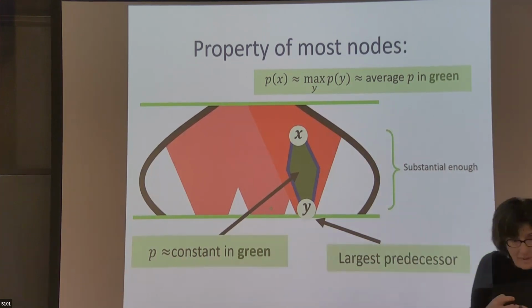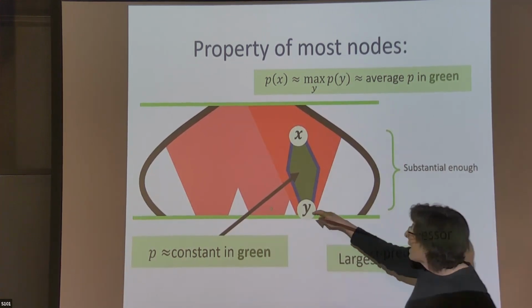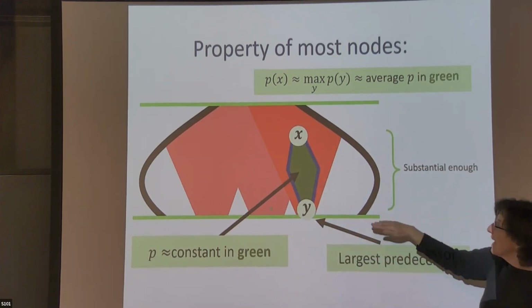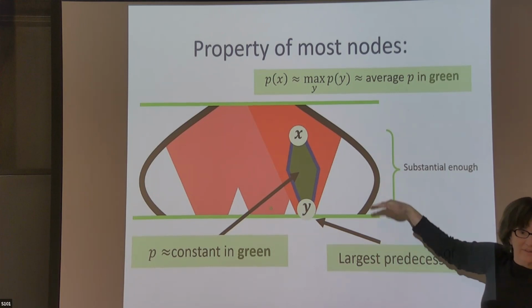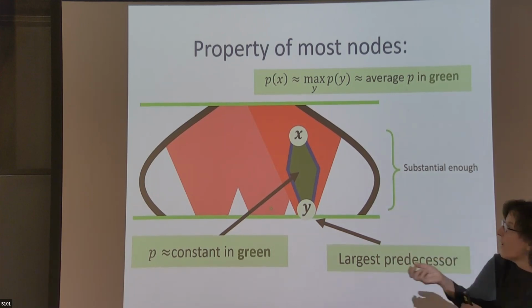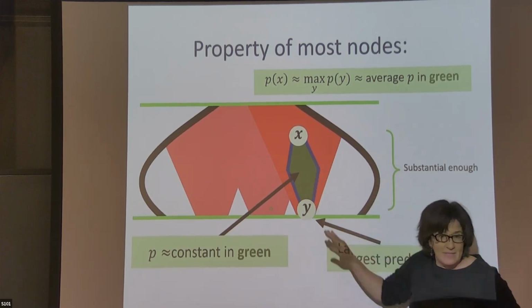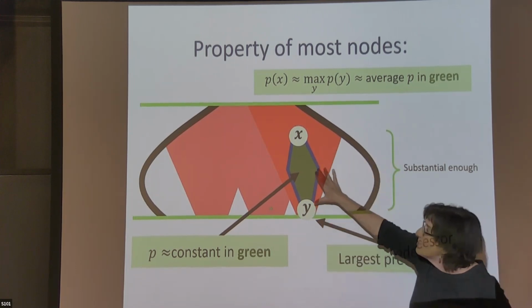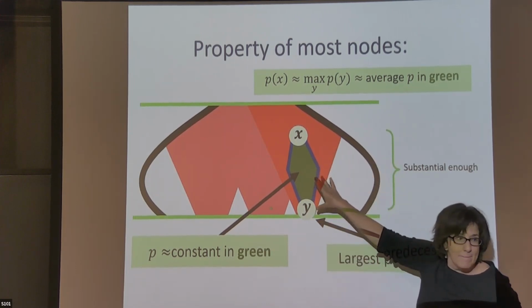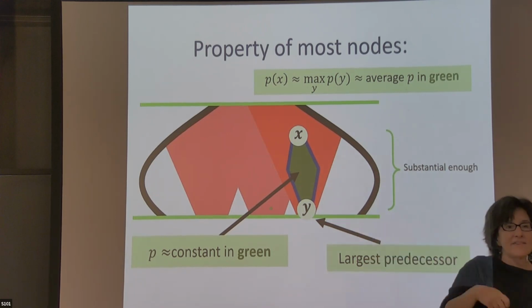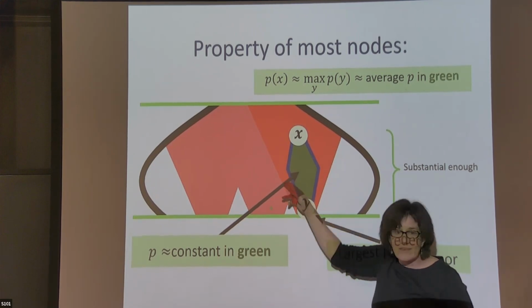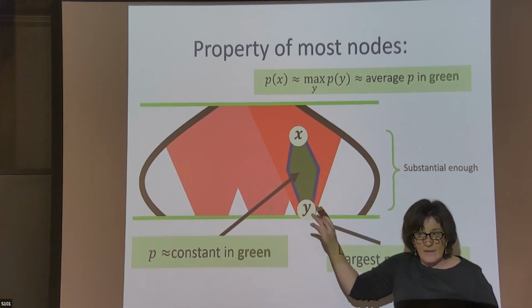It's sandwiched between them, because anything on a path from y to x has no slack in any of them. Slack only happens at green levels, and there's no green level there. So all of these guys have the same probability. And because x is far, this is a pretty big diamond. So when you take enough samples, you're going to hit the diamond enough times that you can estimate the weight of the diamond.